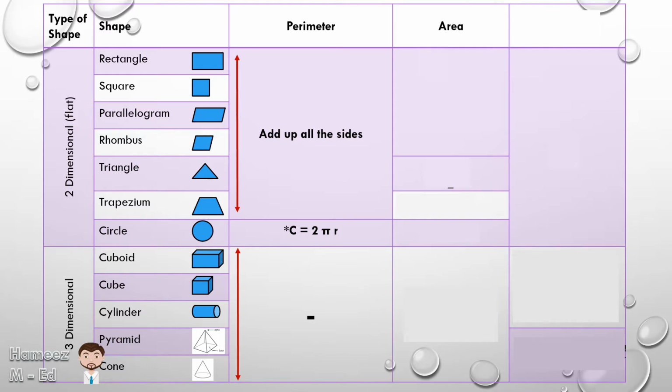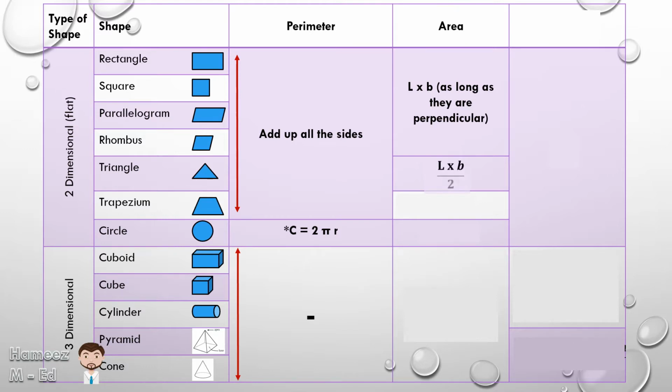Now let's look at area. Area can be considered to be the number of squares that are required to cover the entire shape. So for a rectangle, straight up to trapezium, from a rectangle up to rhombus, all those will be length times breadth, as long as the length and the breadth are at 90 degrees to each other.